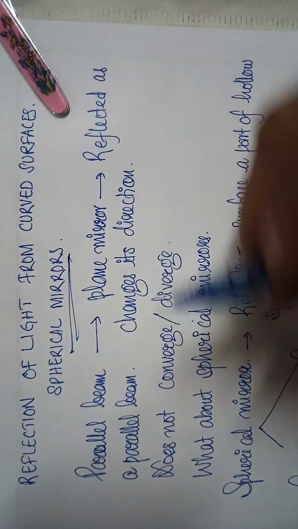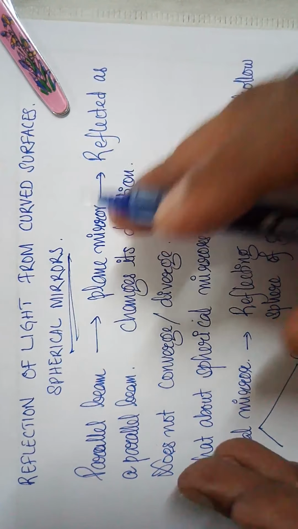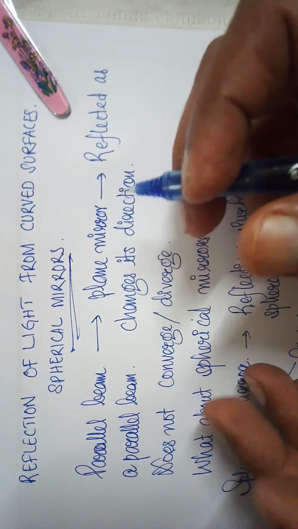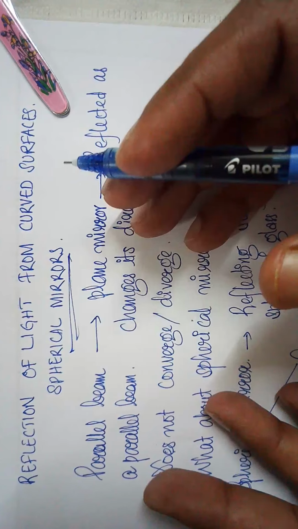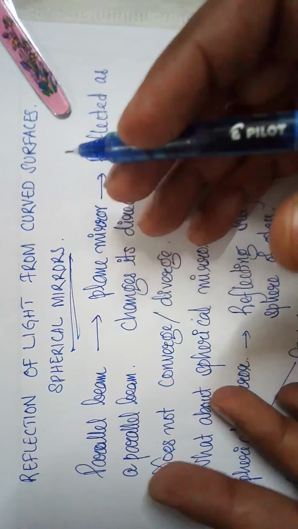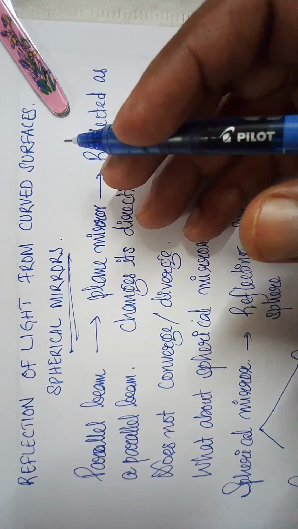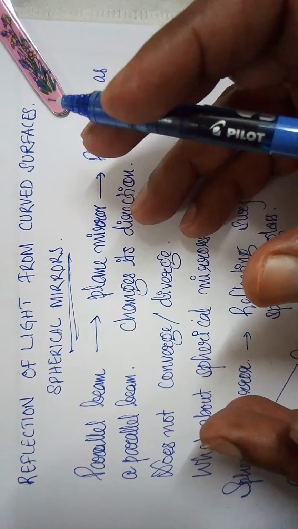When a parallel beam of light rays falls on a plane mirror, it is reflected as a parallel beam, which we have referred to earlier. A plane mirror changes only the direction of the incident light rays. It does not converge or diverge.